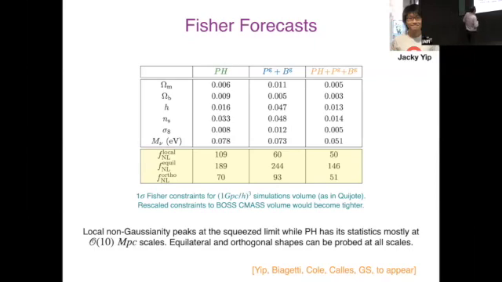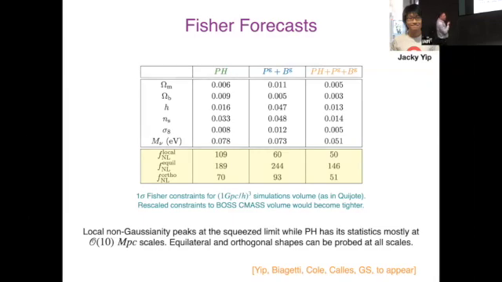We find that persistent homology gives slightly tighter constraints on the equilateral and orthogonal shapes. In comparison, the constraint from persistent homology on local non-Gaussianity is less strong compared with the power spectrum and the bispectrum. And this can be understood with our interpretable statistics.